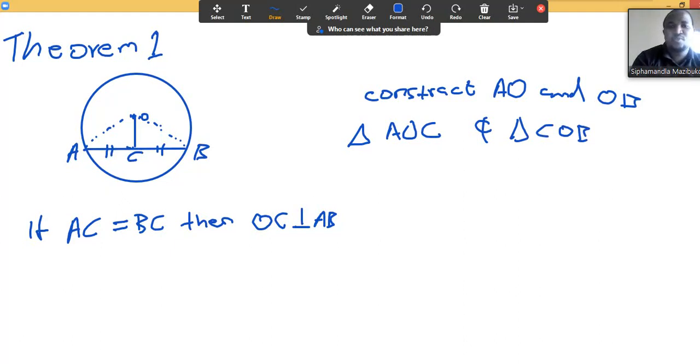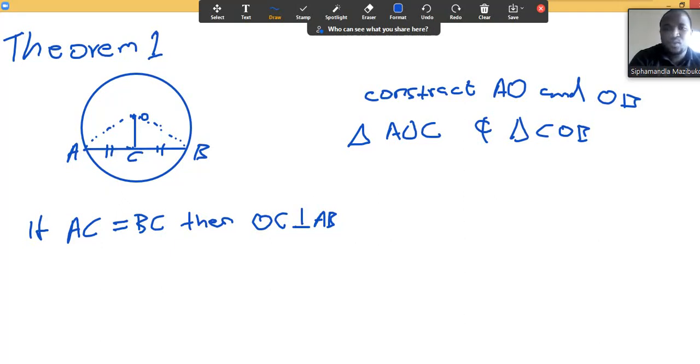So we need to prove that if AC is equal to BC, then OC is perpendicular to AB. Okay, so what can we do? Basically, we need to prove that these two triangles are equal. So that is our goal first.